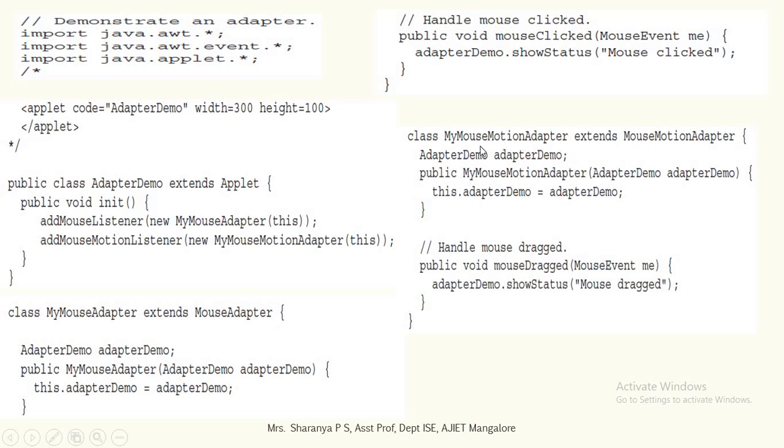Here I am using MyMouseMotionAdapter, which extends MouseMotionAdapter, this is the class name I am referring to, and I have created the object under that, and I am referring to that MouseMotionAdapter by referring to that corresponding object.